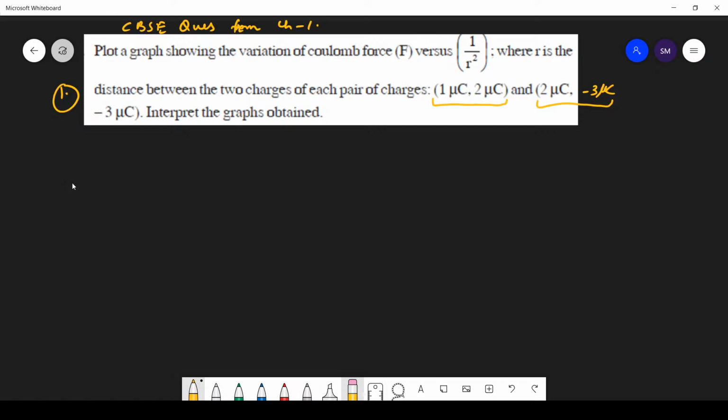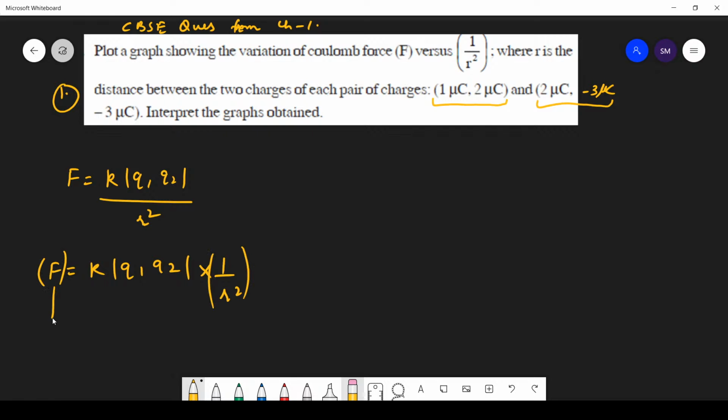So what is the formula of the Coulomb's force? The magnitude is given by K Q1 Q2 by r square. So F is equal to K Q1 Q2 into 1 by r square.